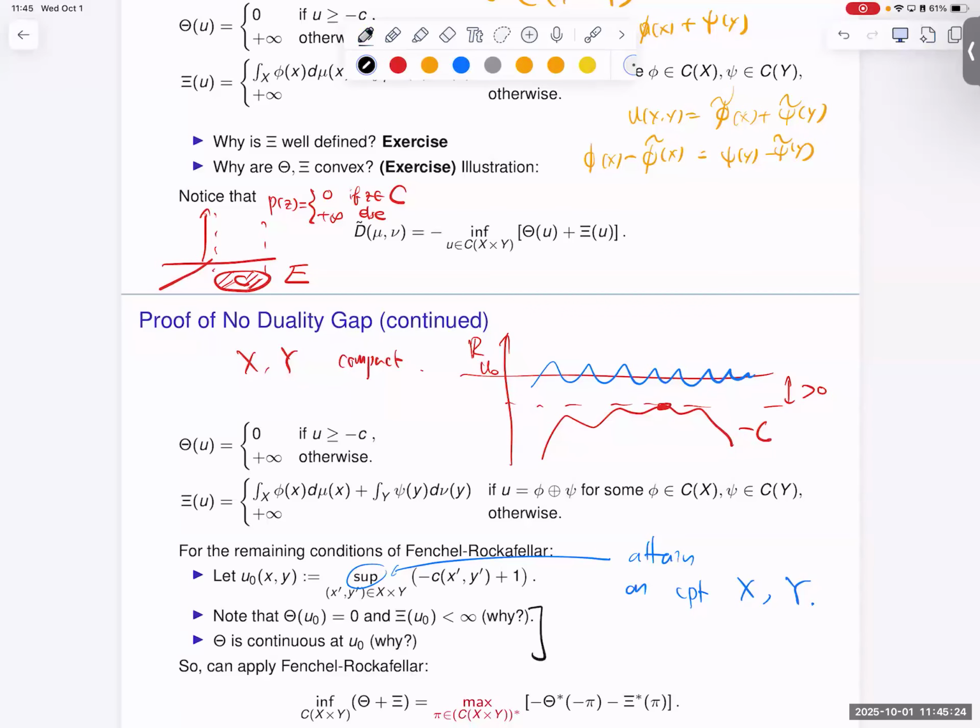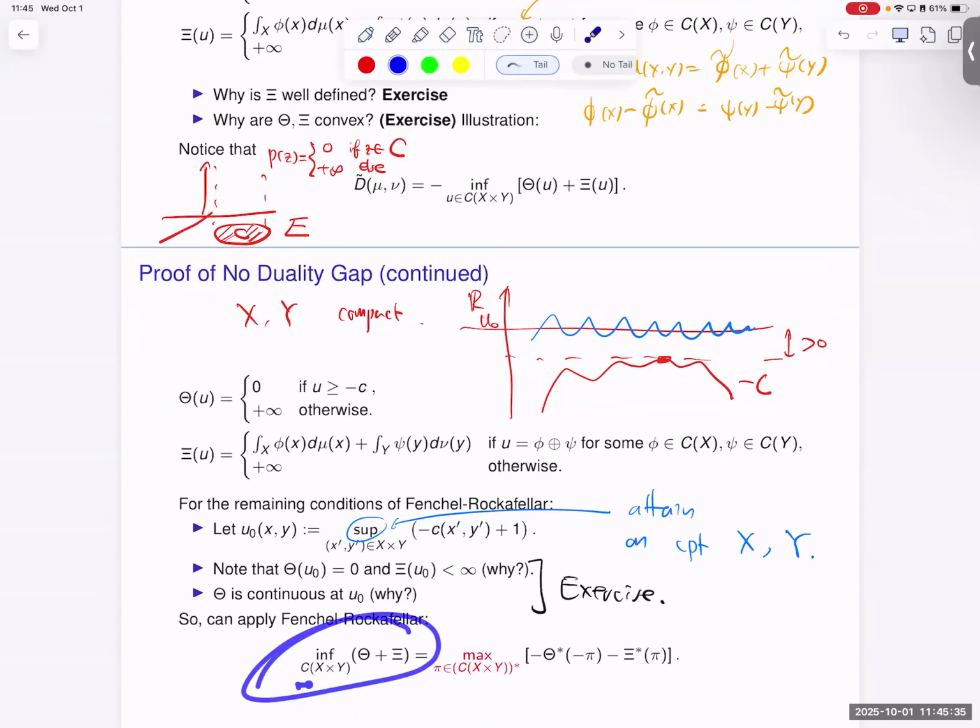So these are your exercise. Okay, now we have satisfied all the conditions for Fenchel-Rockafellar duality. So this infimum of theta plus psi over this continuous function on the product space is the same as the maximum value of this expression. Here are two things.